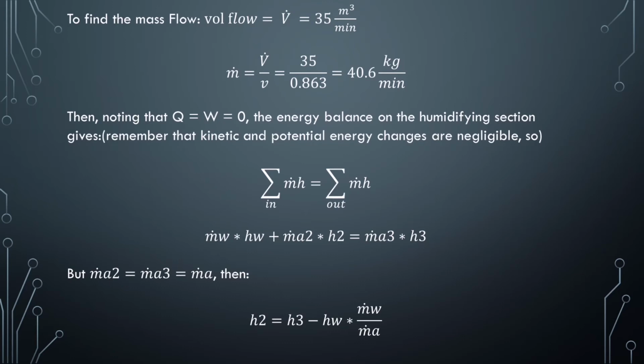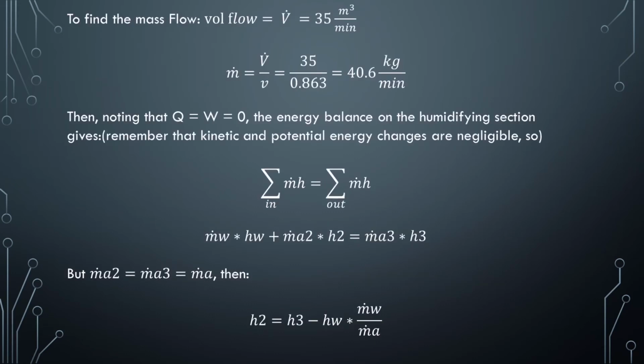After replacing, remember this equation, we get enthalpy 2 equals enthalpy 3 minus enthalpy of water times this relation of mass flow.